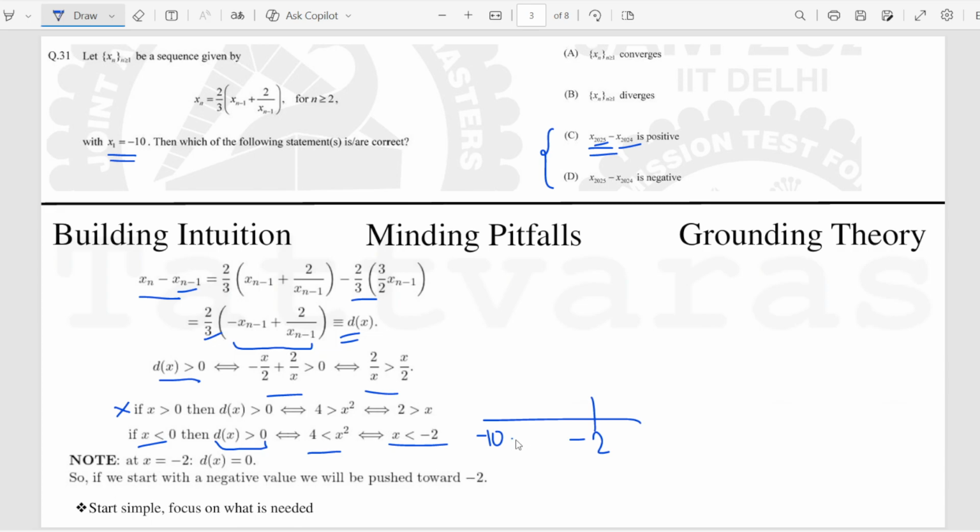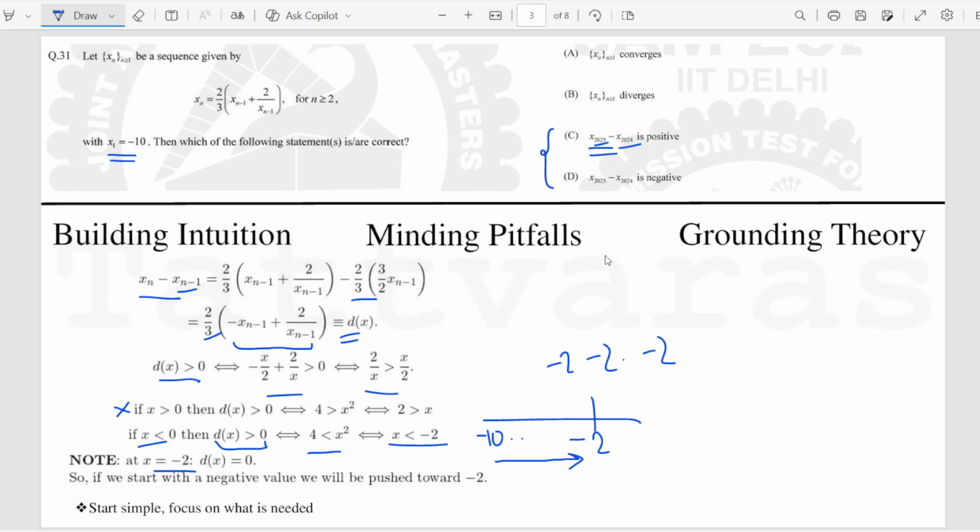So for everything before minus 2, the difference would be positive, which means it will go towards the positive direction. And notice that when it is exactly minus 2, the difference becomes 0. So if there comes a point in the sequence when the value of the sequence becomes minus 2, it will just stay minus 2.